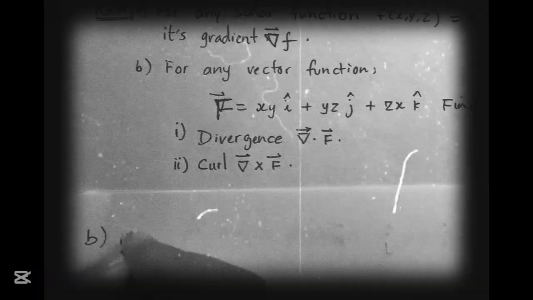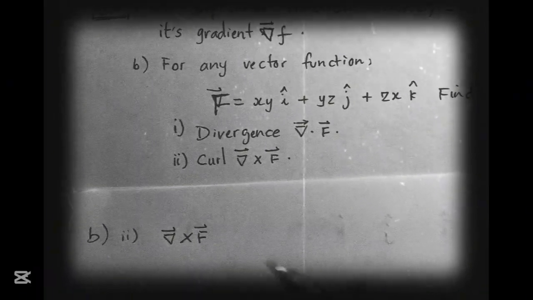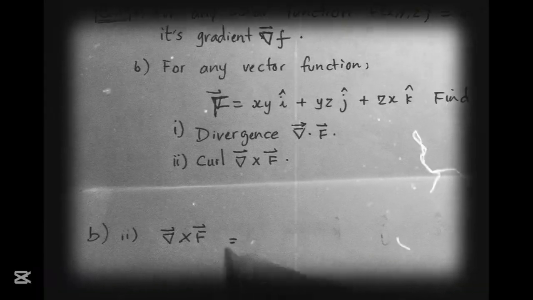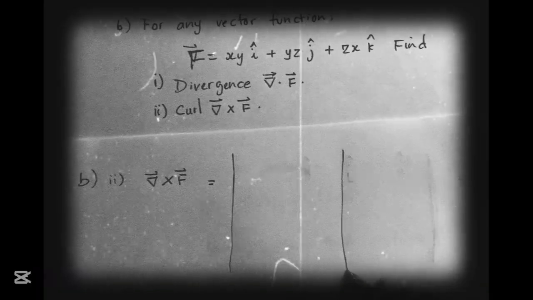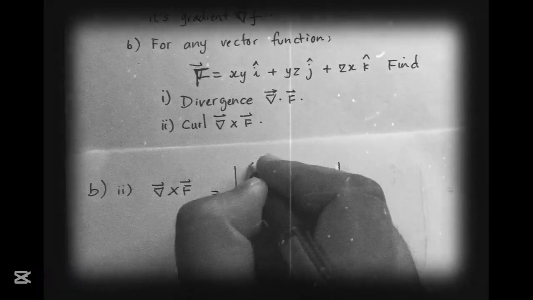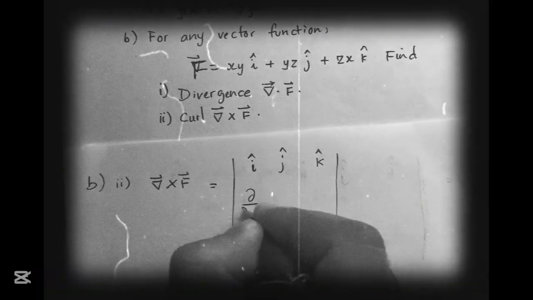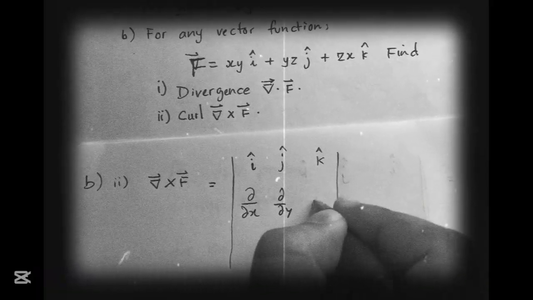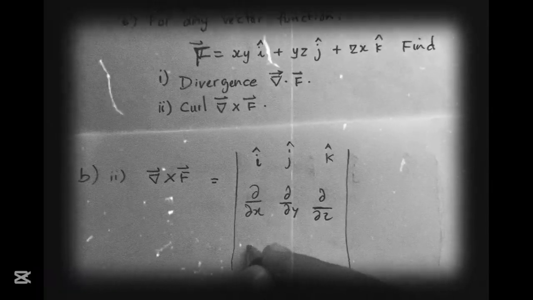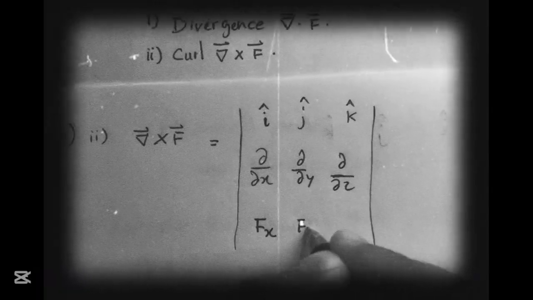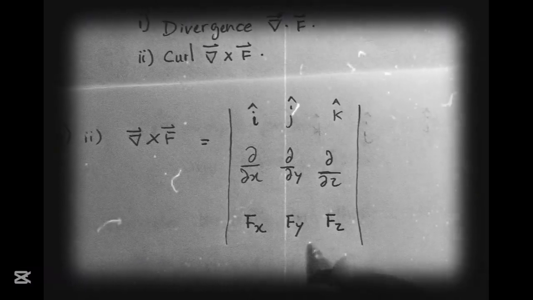In the third problem, we are supposed to calculate the curl of the given vector f. If you review the definition of curl, it can be written in determinant form: i, j, k, then d by dx, d by dy, d by dz, and then finally the x component, y component, and z component of the vector f.